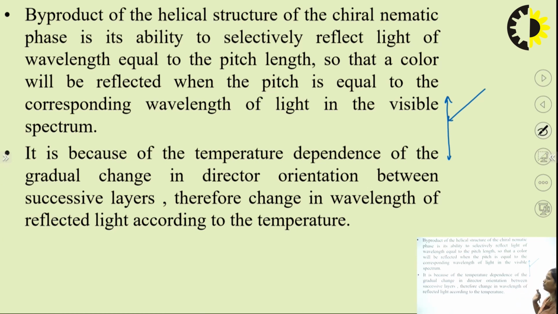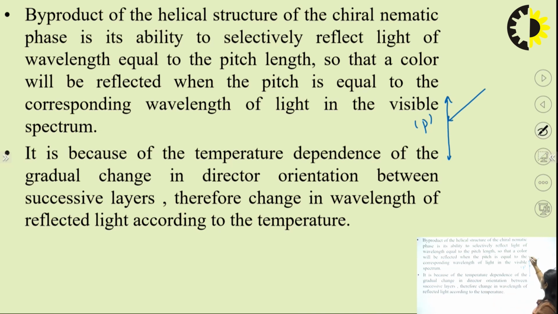So chiral liquid crystal shows a very good phenomenon of reflecting light, and if the wavelength of light changes, the reflection obviously changes, and it depends totally upon the pitch length. So if pitch length is more, the longer wavelength light is going to reflect. If pitch length is less, the shorter wavelength light is going to reflect.